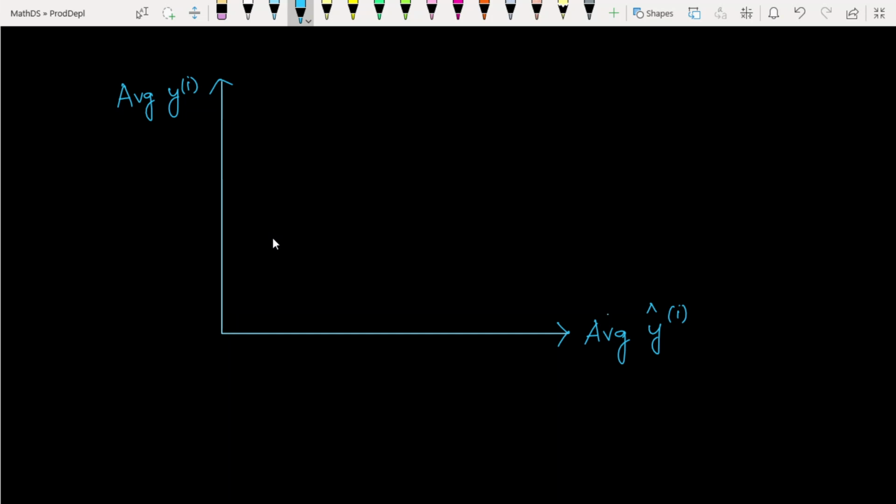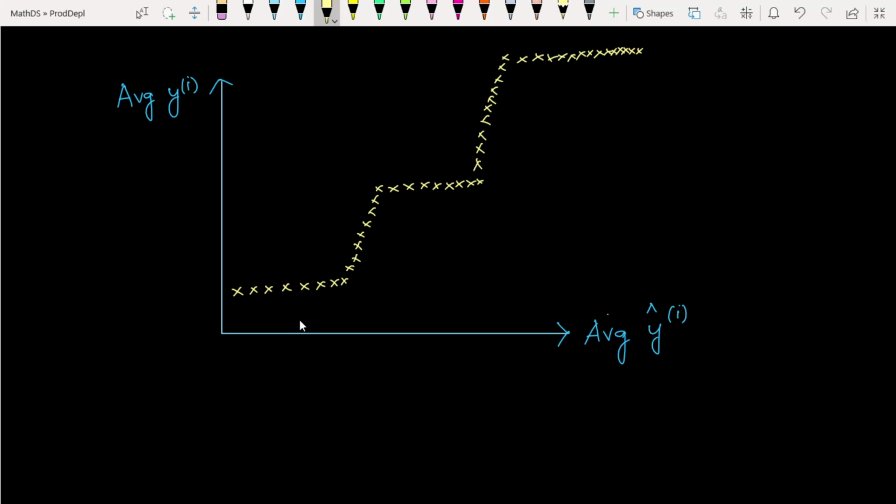The plot that we have got looks like this type. This is the actual plot.